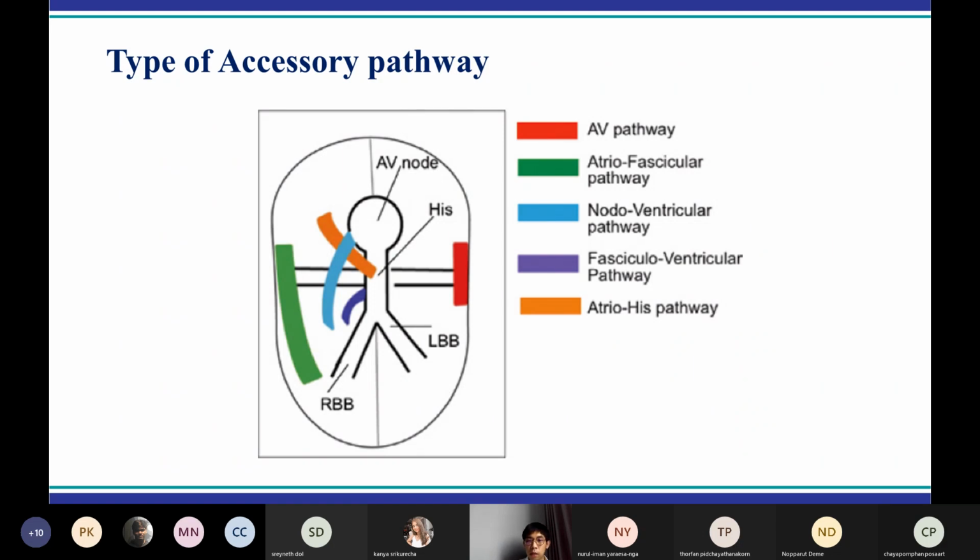And the last one, the atrio-His pathway, which connects between the atrium and the His bundle. Not all of these could lead to tachycardia, but they could manifest in a unique physiological manifestation when we do an EP or electrophysiologic study.